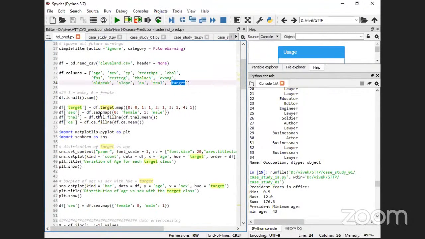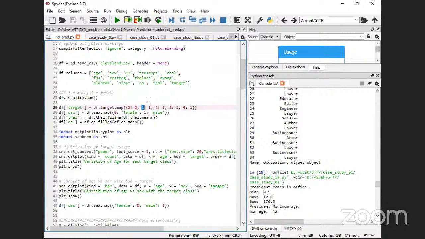Now you can see here how we are defining the target label. As I said, 0 means absence, and 1, 2, 3, 4 means presence of heart disease. When it is 0, it is absence of heart disease. Where it is given here, when it is 1, 2, 3, 4, it is represented as 1 for easy analysis.